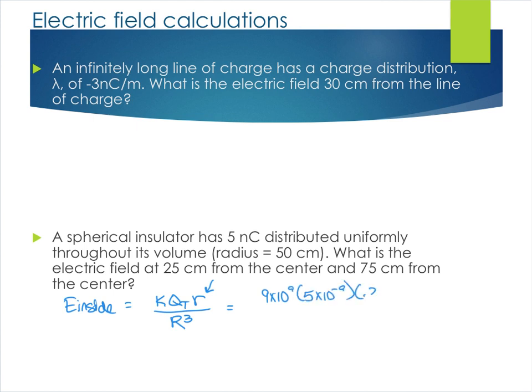We're looking at 25 centimeters, and then the total size of the radius is 0.5 cubed. And I got 90 newtons per coulomb.